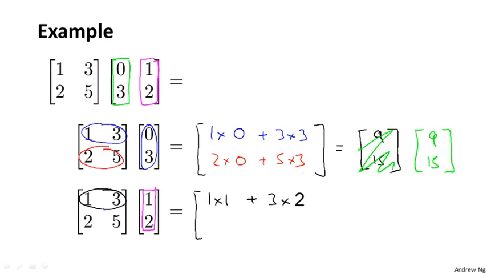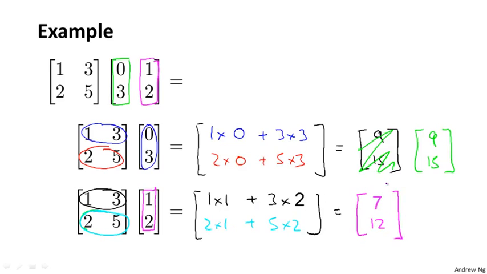And let's do the other one. So let's see. That gives me what? 2 times 1 plus 5 times 2. And so that is going to be equal to, let's see, 1 times 1 plus 3 times 1 is 4. And 2 times 1 plus 5 times 2 is 12.